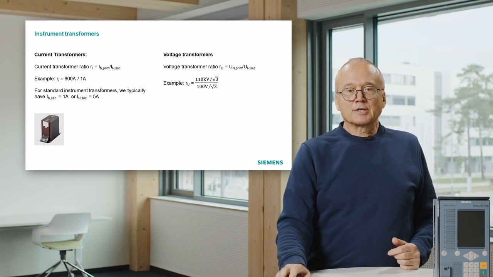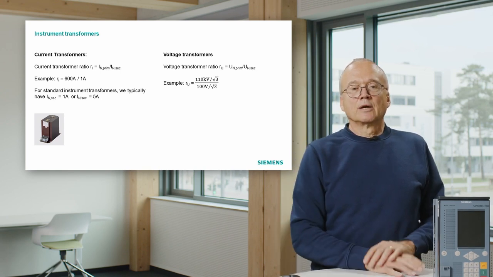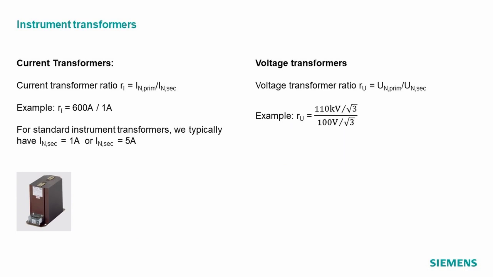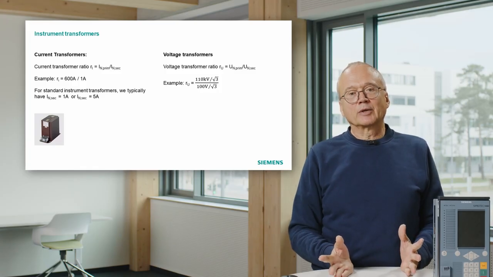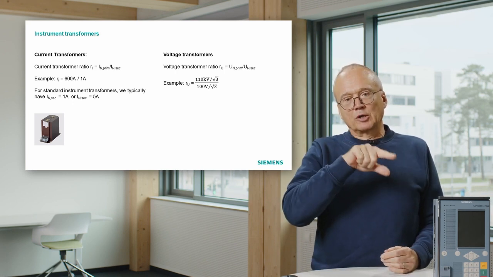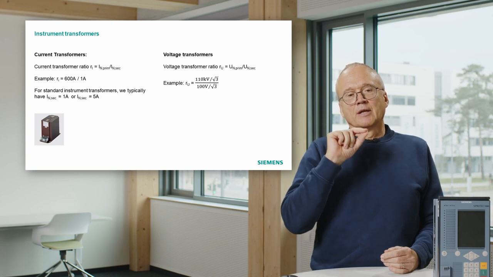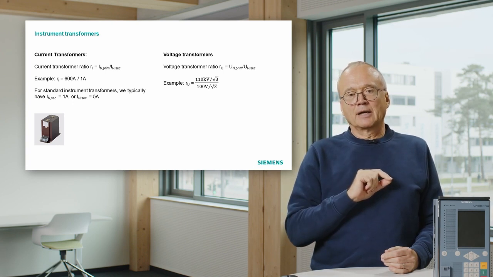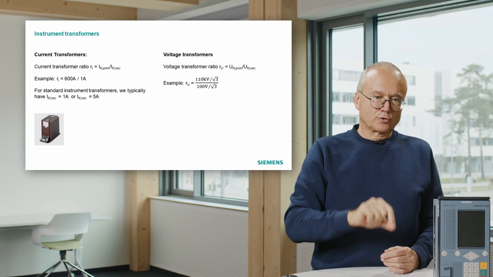On the voltage transformer side, we have typically, here's an example, 110 kilovolt divided by square root of 3 to 100 volt divided by square root of 3. Where does the square root of 3 come from? If you have a 110 kilovolt line, the 110 kilovolt is the voltage between the 2 phases. The voltage transformers are normally connected from phase to earth.